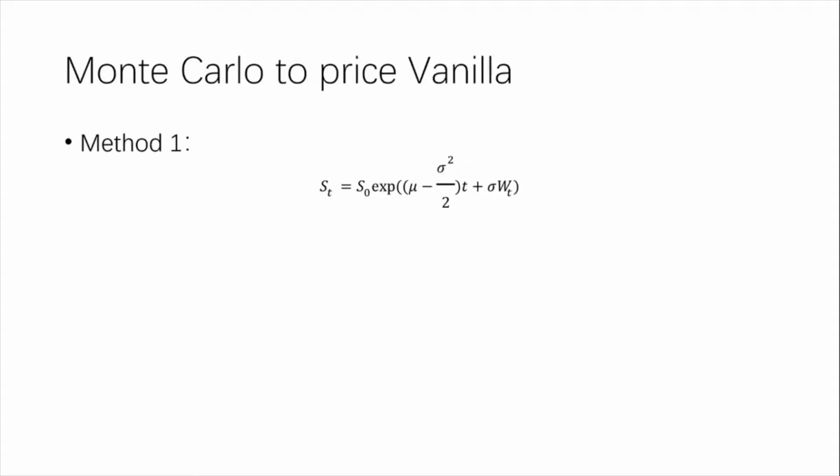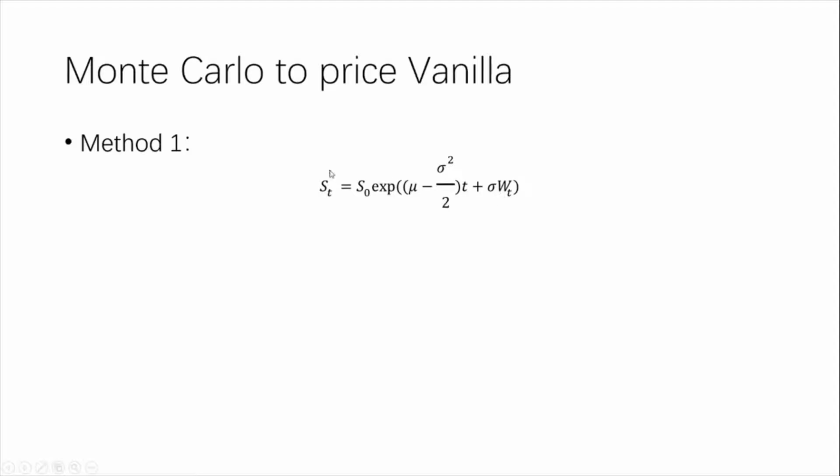To price vanilla call or put options using Monte Carlo, there are two ways. One is to directly use the final geometric Brownian motion distribution. The final stock price ST can be written as ST equals S0 times exp of (mu minus half sigma squared) T plus sigma WT.